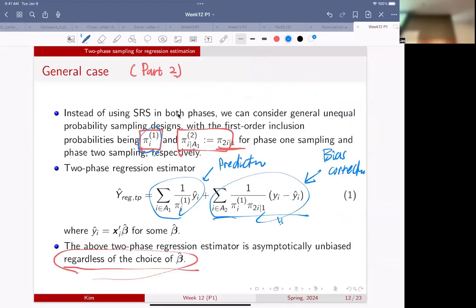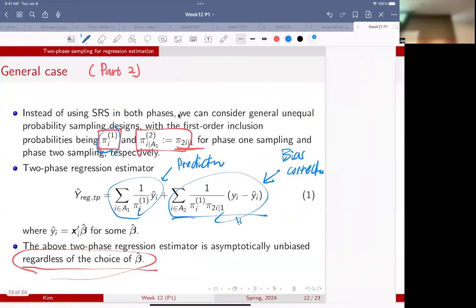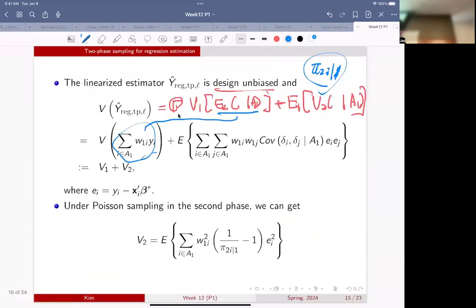First phase sampling is mostly just simple random sampling. But for second phase sampling, you want to do something better than simple random sampling, so you care about second phase sampling.